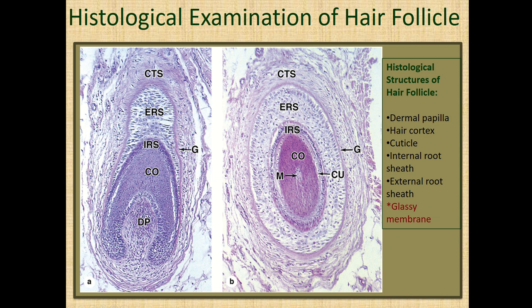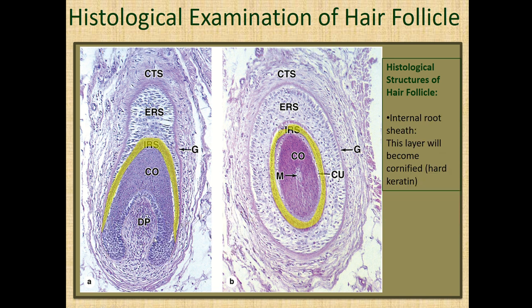Here's a dermal papilla and the matrix that is going to divide and create the keratinocytes that will cornify and become actual hair that's not pictured in this image. So when I click through here, you can see where the keratinocytes that would be dividing in this matrix are located. And then as you move more inwards, you come to a structure that's called the internal root sheath.